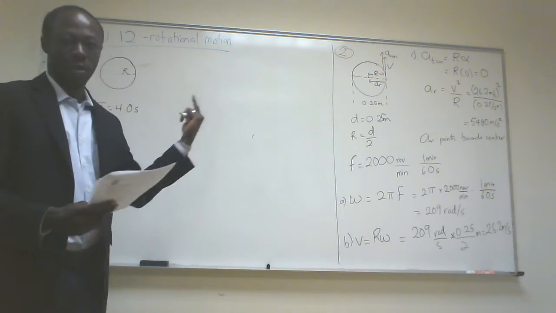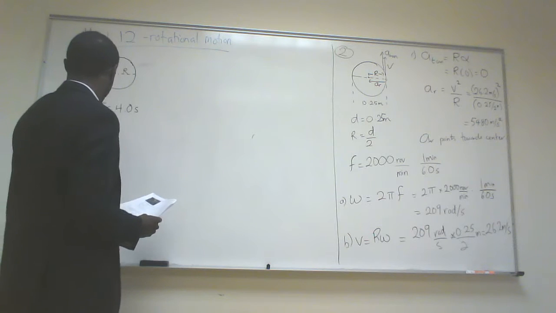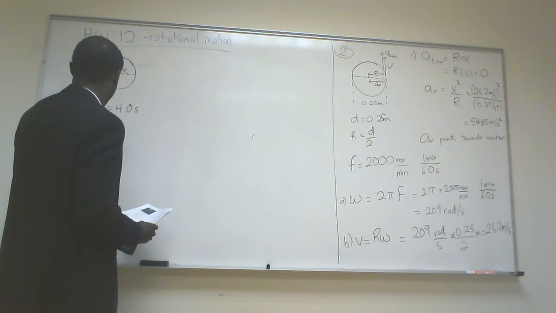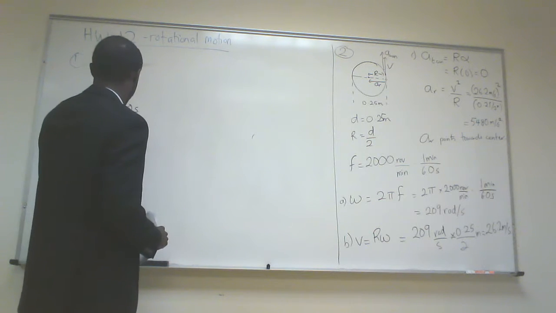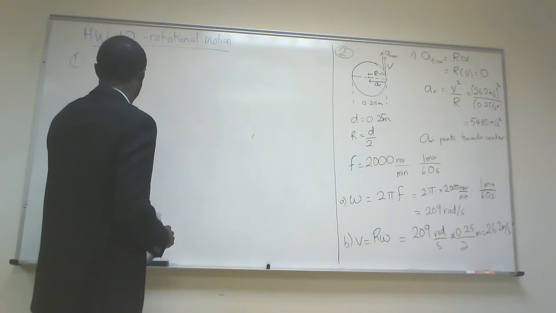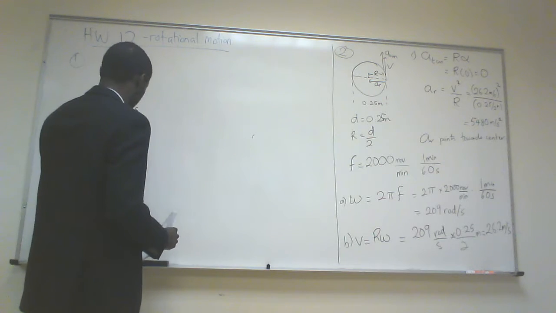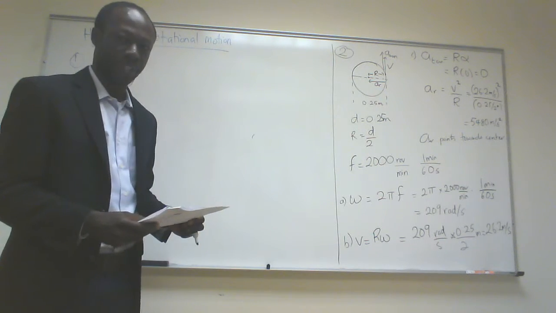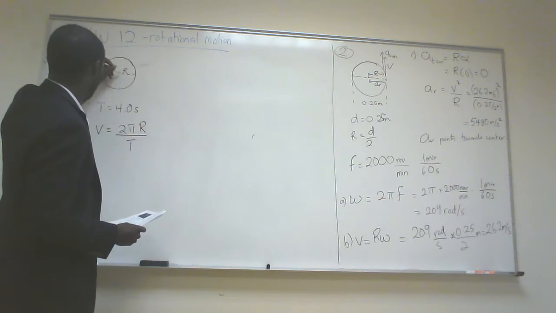Since it makes one complete revolution, the distance it travels is the circumference, so the linear speed will be equal to 2 pi times the radius divided by the period. And we are asked to find the linear speed of a child who sits 1 meter from the center.